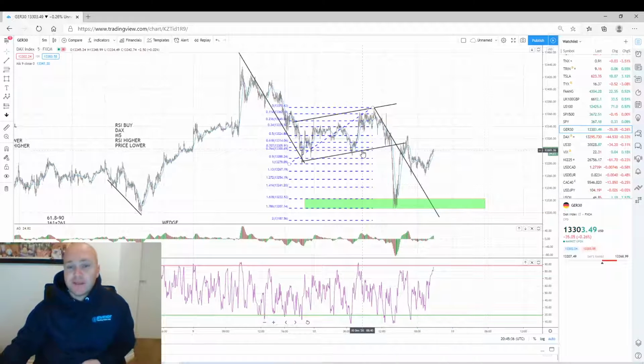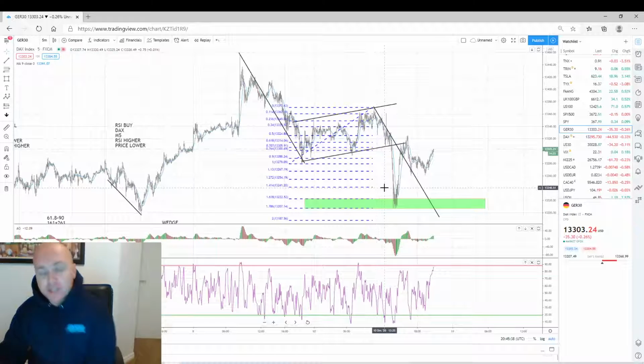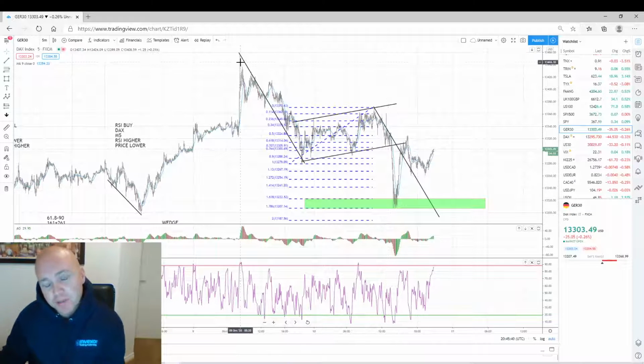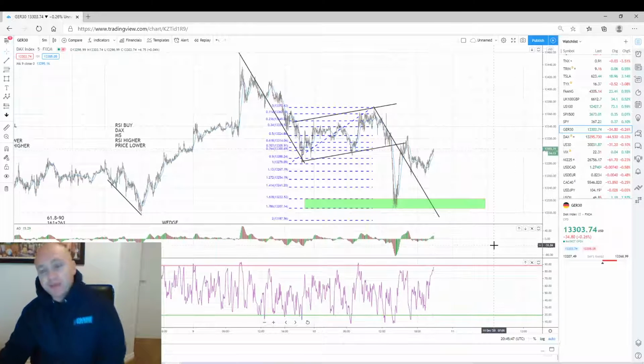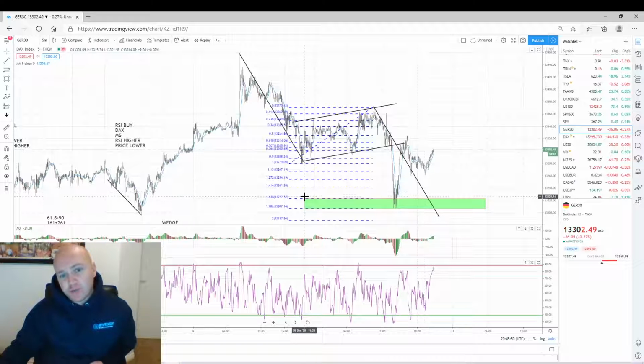This is probably a sub wave 3. I'm thinking this is a wave 1, a wave 2, sub 3, sub 4, and then we come down 1, 2, big 3 down. But you don't need to know that. If your target is 1.618, it comes to here and it's perfect. So that's the other way of doing it.